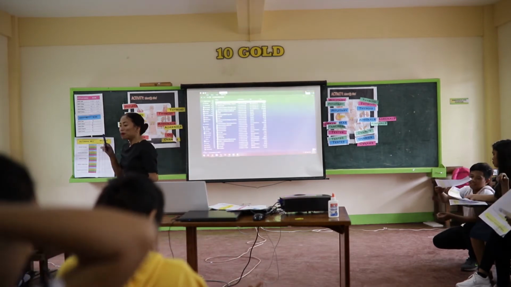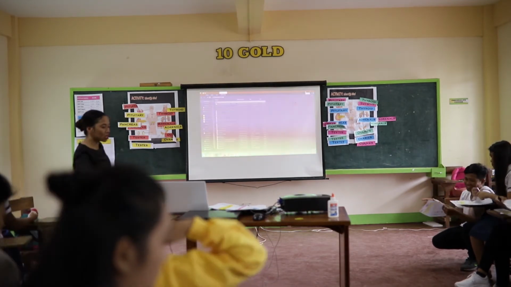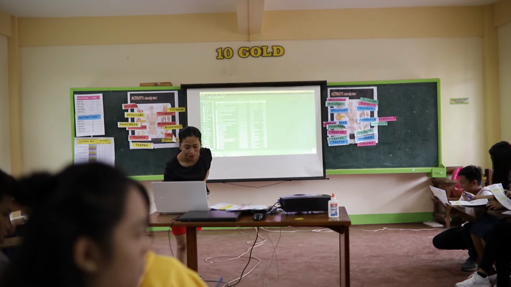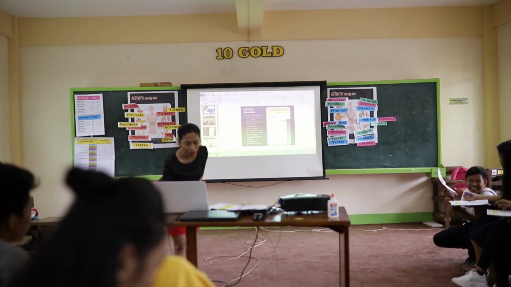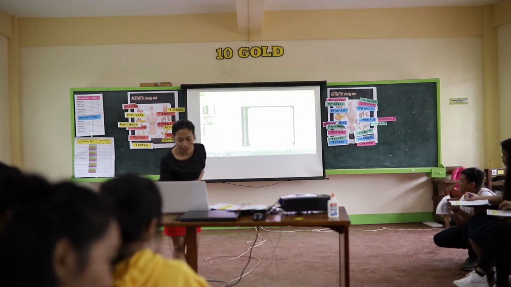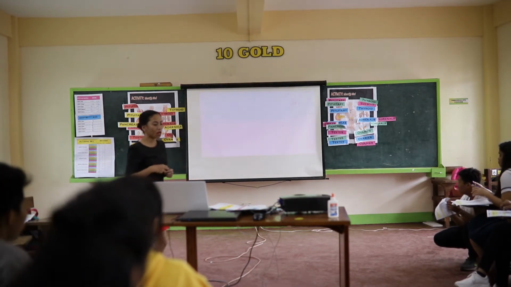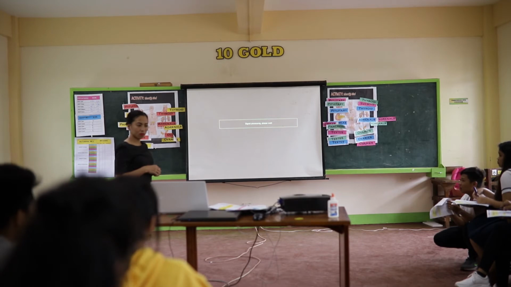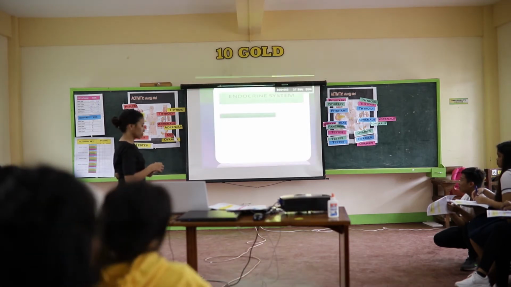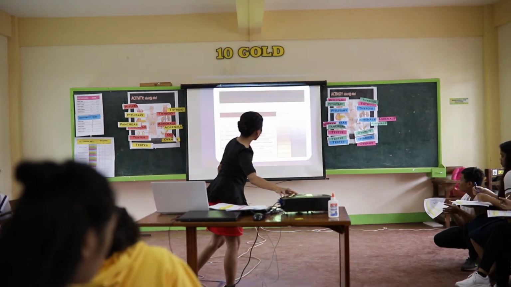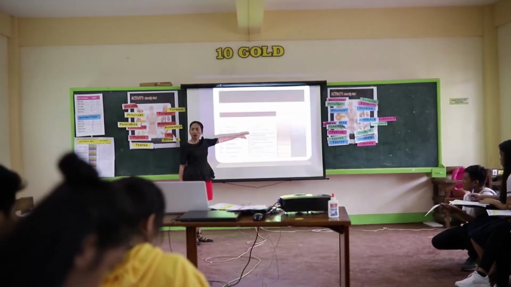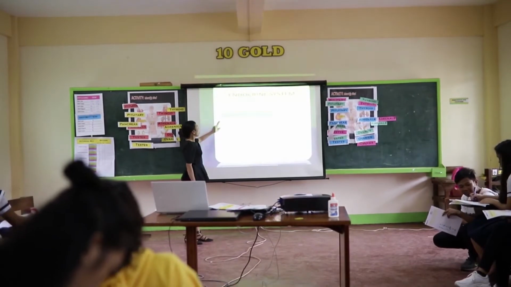So let's check your answer. Exchange with your seatmate. Be honest. Exchange with your seatmate. Okay, so you have here the answer. Kindly check. Pre and post must produce antibodies. Okay, 1 point.